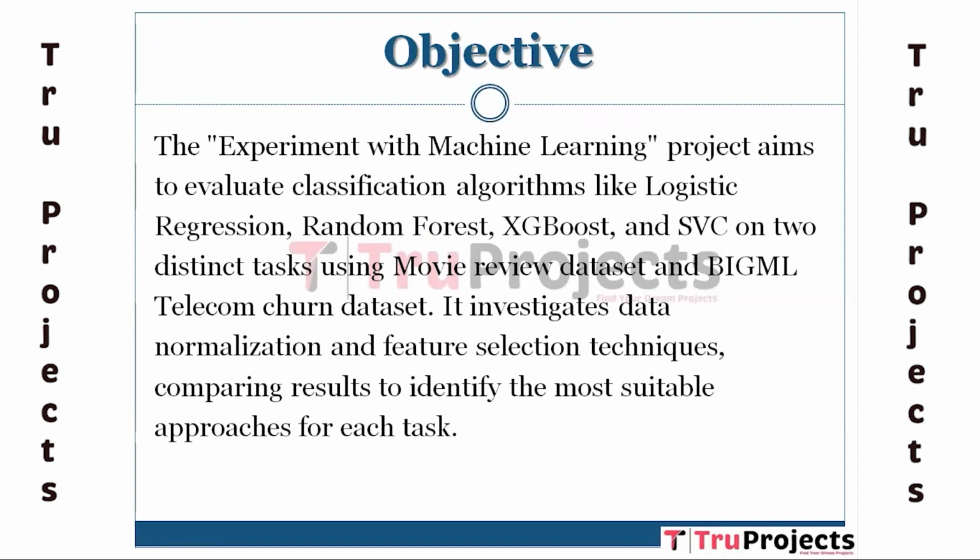The second task revolves around churn prediction using the BigML telecom churn dataset. Additionally, the project aims to investigate the impact of data normalization and feature selection techniques such as select k-best and PCA on the overall predictive performance of the algorithms. By comparing the results, the project seeks to gain insights into the most suitable approaches for the task.